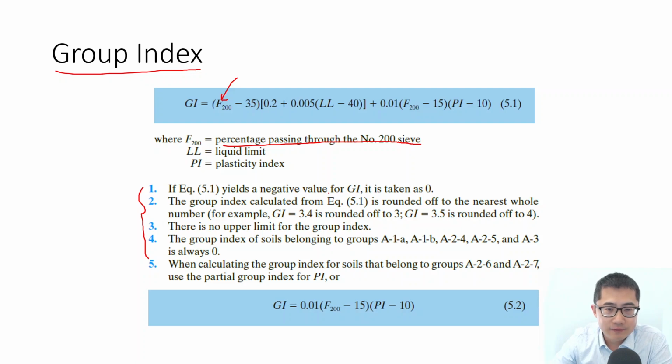If you have a negative value for GI, use 0. Straightforward. And you have to round them off to the nearest whole number. So if you have a 3.4 GI, use 3. If it has 3.5, use 4. Also pretty standard. Number 3, there's no upper limit for the group index. So whatever number you get, that's the number you get.